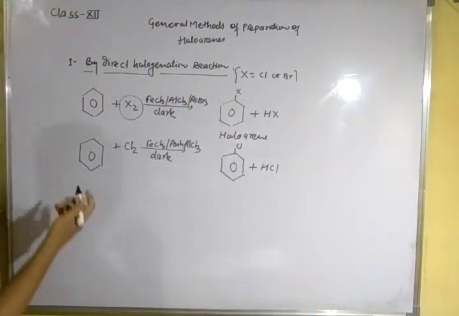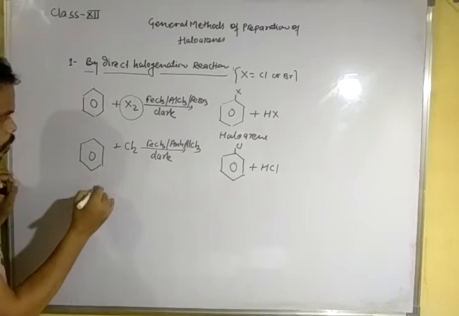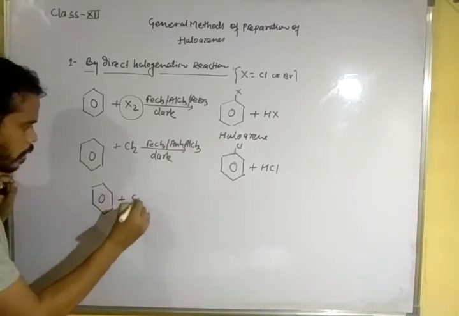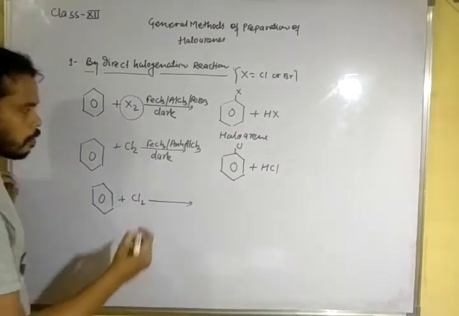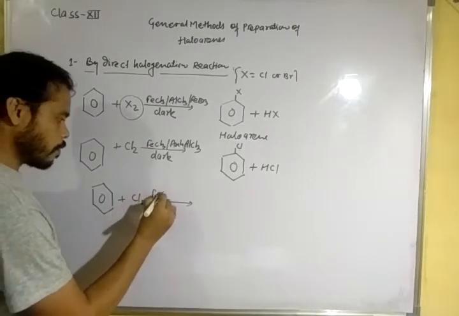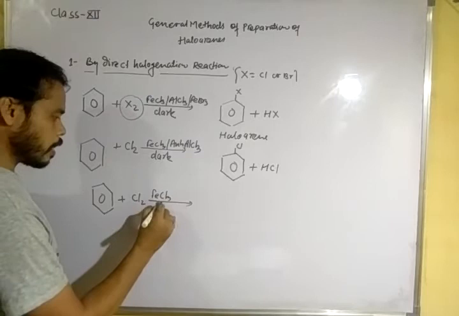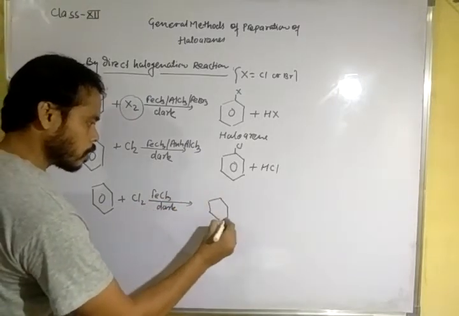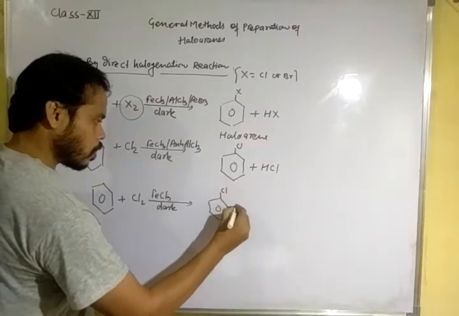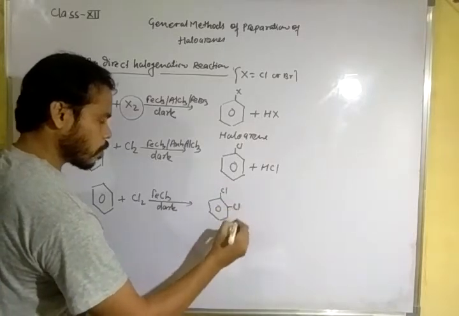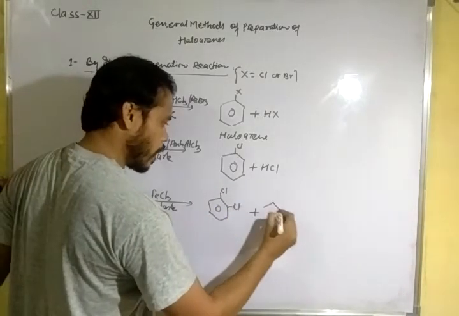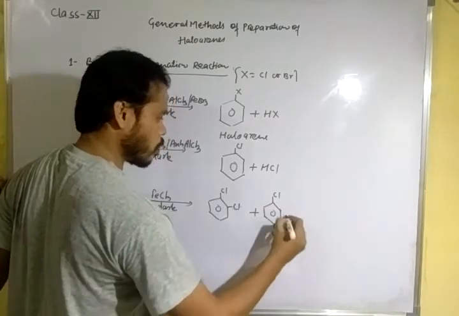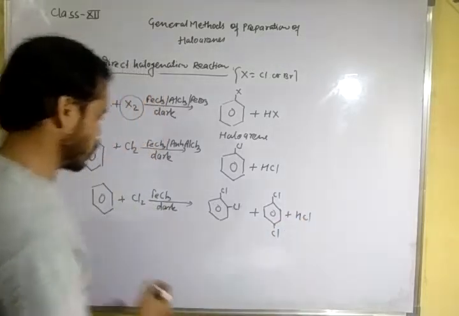When excess chlorine is taken in the presence of FeCl3 in dark, it forms a mixture of orthodichlorobenzene and paradichlorobenzene, with HCl as a byproduct.